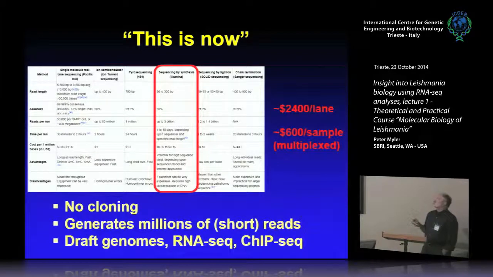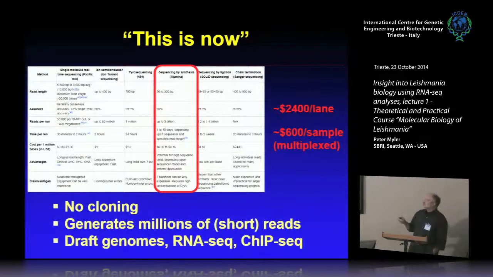The actual price of this on an Illumina machine is about $2,400 in a lane. Depending on which machine you have, you can get 8 lanes per machine, and you can run anything up to 8 or 10 or 16 samples in each lane.